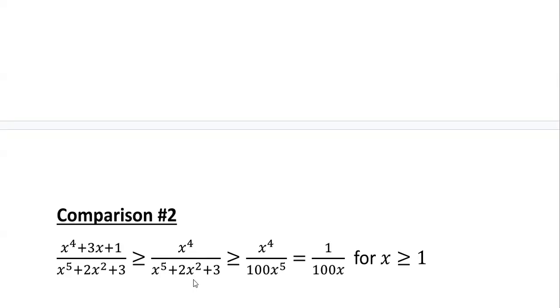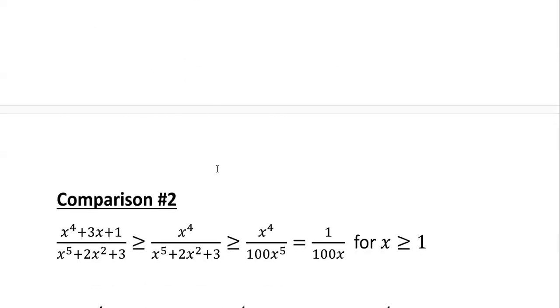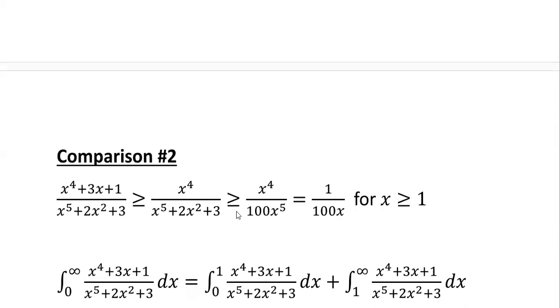Now if we restrict x greater than or equal to 1, we can easily convince ourselves that this middle guy is greater than or equal to x to the fourth over 100x to the fifth. This is much easier to convince than up here, in my opinion, at least. I'm just showing you a different way of how I would set this up.